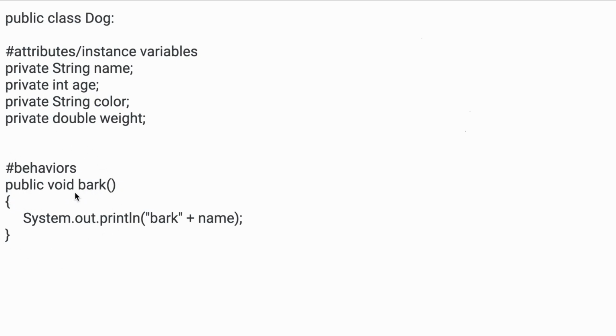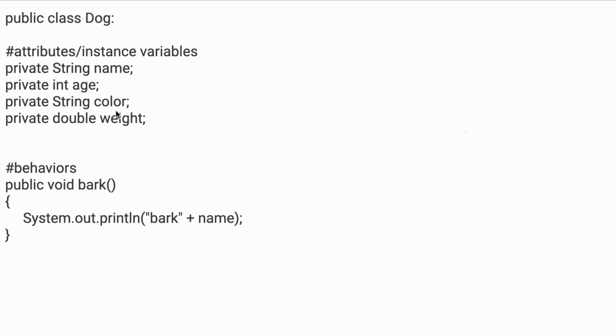Here, they can bark, and a bark is when they bark and they say their name. So the top here are instance variables. They describe what a dog could possibly look like or ways that we can describe a dog. And the behaviors are called methods, and they're actions or things that dogs can do.